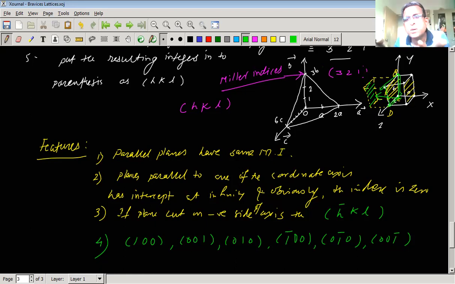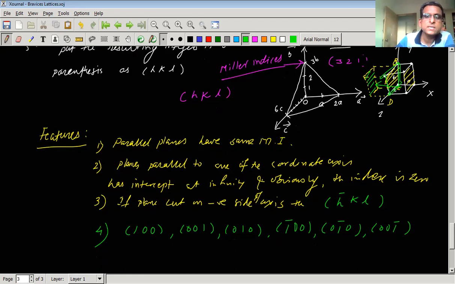We will do lots of examples in a separate lecture. At that time, it will be clear to you how these indices come to be 100, 001, and so on.